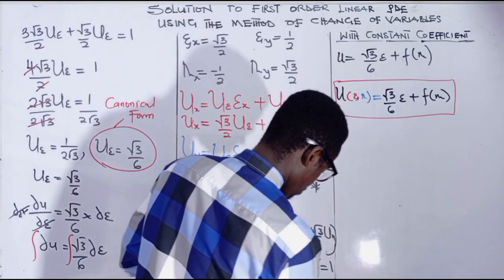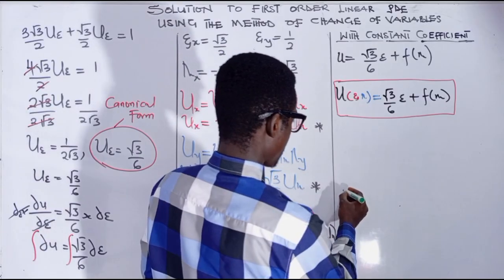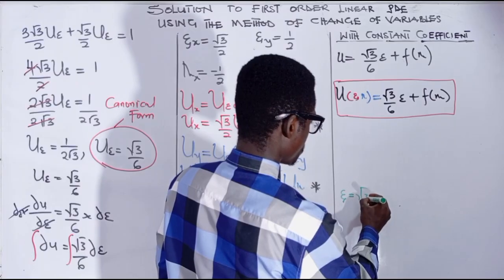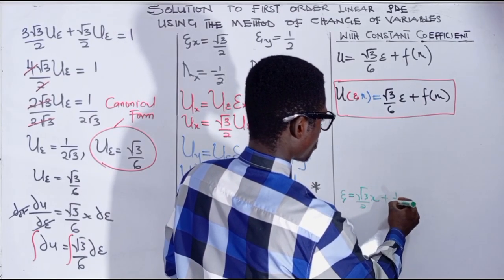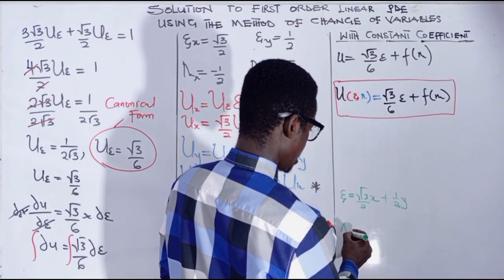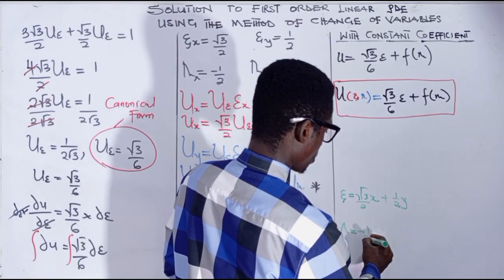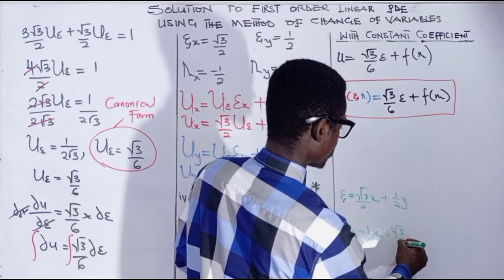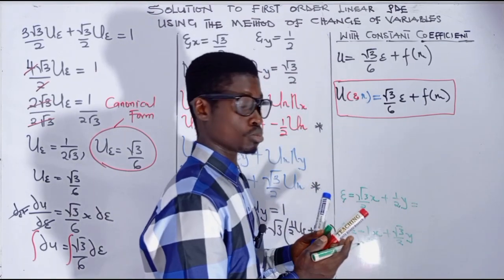So we said that our Zaya is equal to root 3 all over 2 x plus 1 over 2 y. And then our eta is equal to minus 1 over 2 x plus root 3 all over 2 y. At this level, we can just simplify to make it smaller.